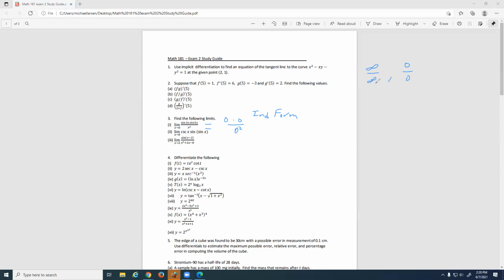It states that the limit as x goes to a of f of x over g of x is equal to the limit as x approaches a of f prime of x over g prime of x, like this. Obviously, if this limit doesn't exist, then the original limit doesn't exist either.